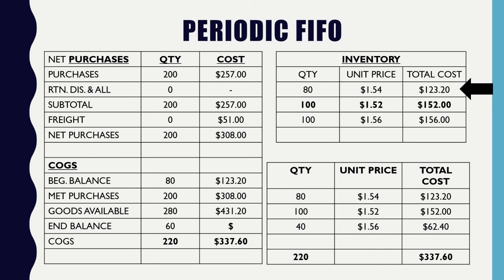Given that we have the 60 remaining in our inventory, because our inventory manager told us that we only have 60 left, there you go. We apply that concept where cost of goods sold is going to be the goods available minus the ending balance, which gives us a total of 220 items sold. All right?